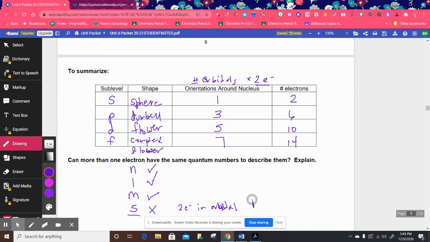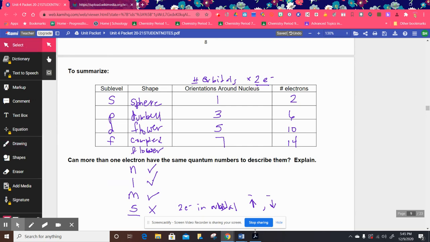One electron will have an upspin. The other electron will have a downspin, which makes them have 2 different quantum numbers for S. So N could be the same, L could be the same, M could even be the same. But if there are 2 electrons in the same orbital, then their spins are going to be different, which would give them different quantum numbers, right?